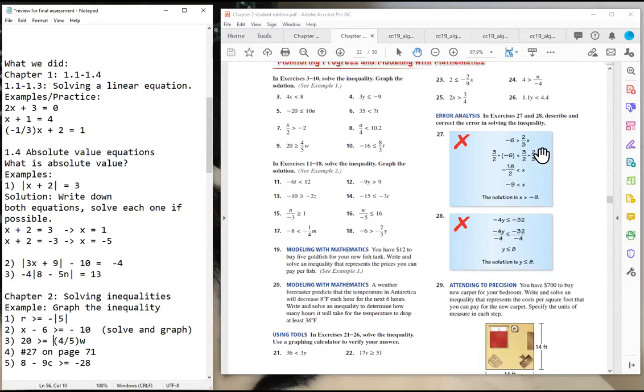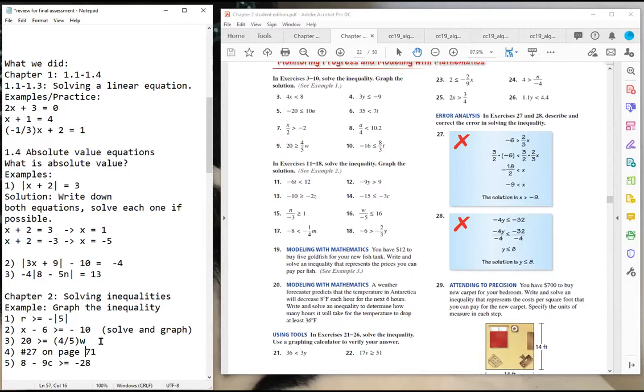But look at what the person's doing here. They're multiplying both sides by a positive number, 3/2, and also switching the inequality. And that's not correct. So the takeaway message from section 2.3 was that if you solve an inequality by multiplying both sides by a negative number, then you have to reverse that inequality.